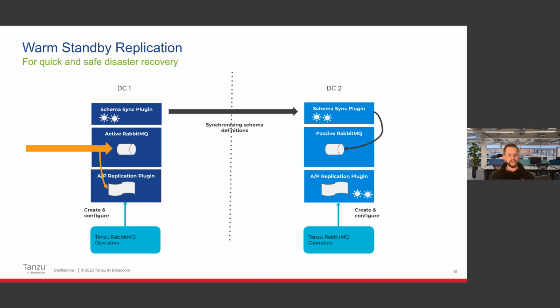The standby replication plugin ensures that the messages and the message state is consistent on the passive site. So during normal operations, applications are publishing to the primary site into this queue. Messages and events remain there until they're processed, and this is being confirmed. And the state of all of this is pulled from the active site to the passive by the active-passive replication plugin.